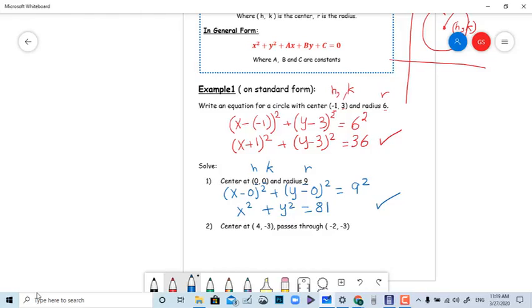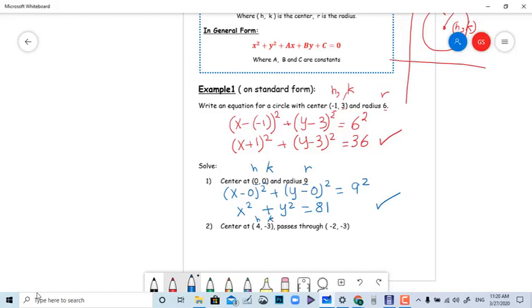Now, this is the way to find the equation having the center point and the radius. Now, here is a different way of giving a problem. Here we have a center of (4, -3), which means that 4 is h and -3 is k.